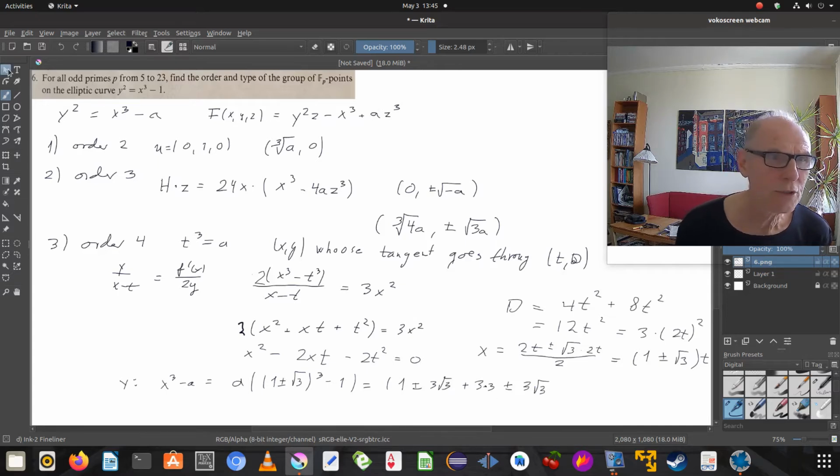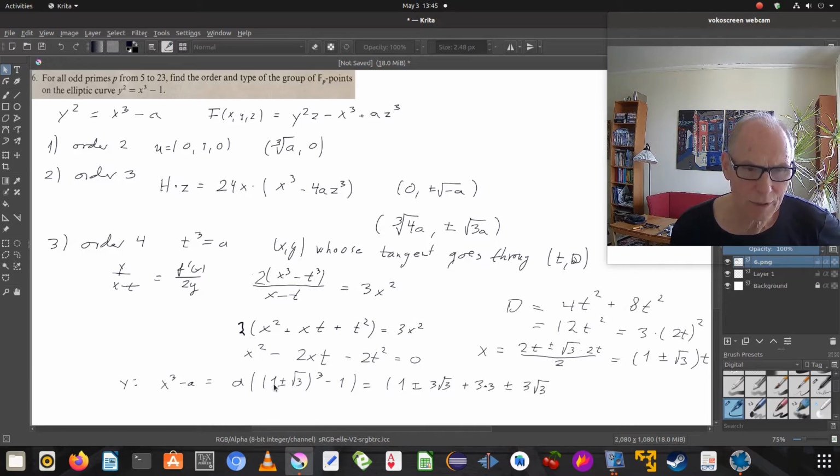So it's a binomial formula. First this to the third, then 3 times this squared times this guy, then plus 3 times this guy times that one squared, and finally plus this one to the third, the cube of it.